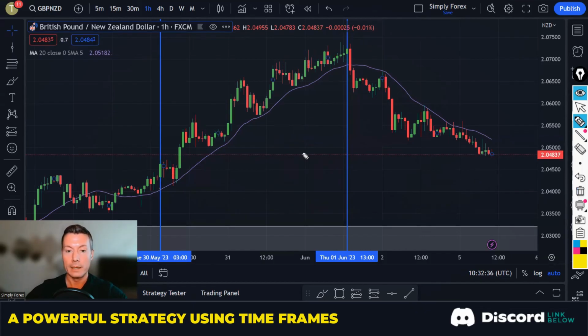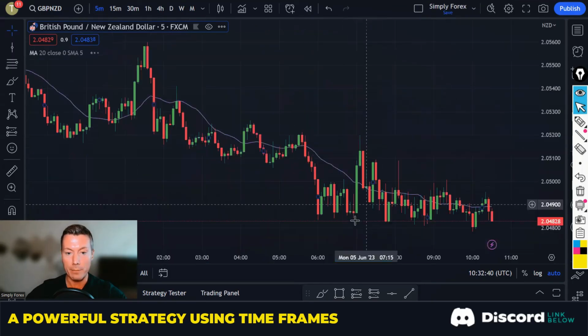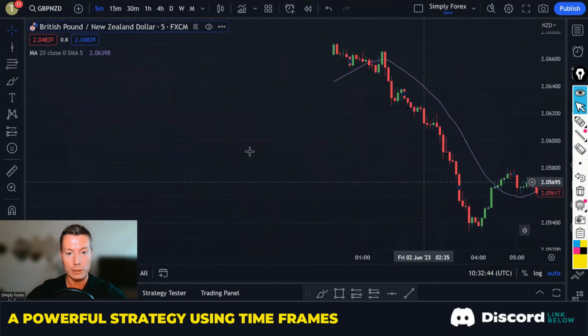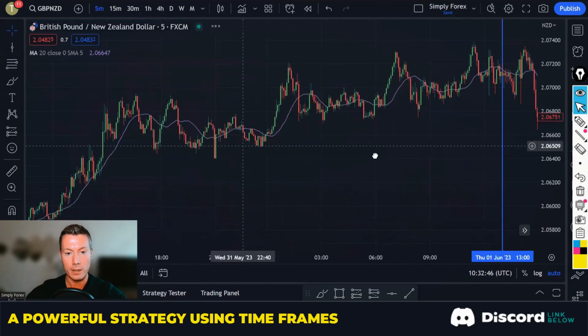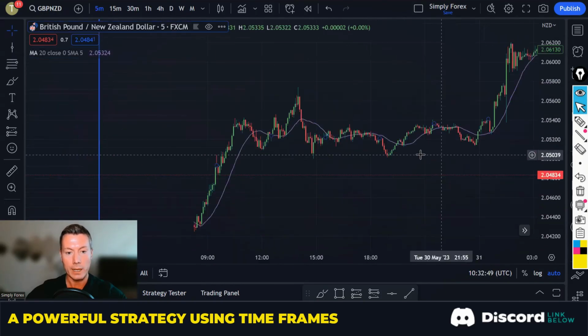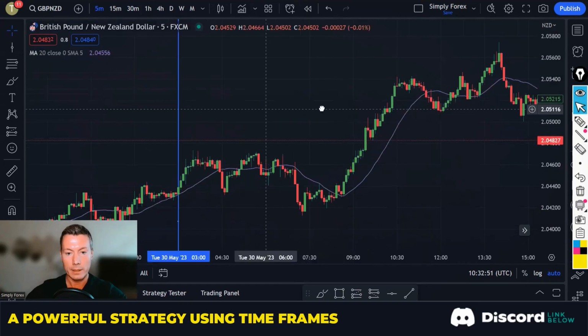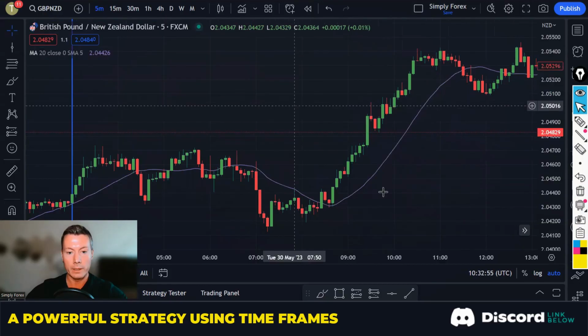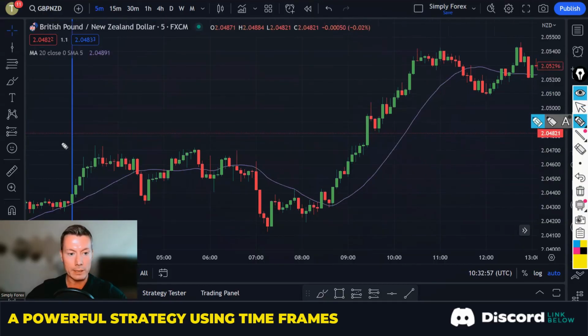So let's start on the M5 now, and remember we're just looking for a build up in structure. So let's really zoom out and start with the start of this H1 structure. Okay, so let's start here, guys. This blue line was the start of that H1 structure.